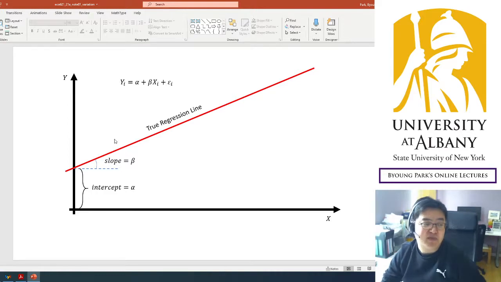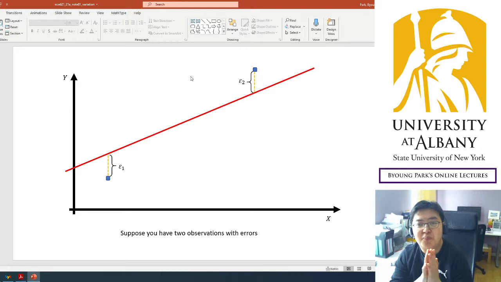in a two-dimensional graph. And now suppose that you observe two observations. Of course, they have errors. From the true relationship, there was an individual who was very unlucky. So he could not earn as much salary as he was educated.